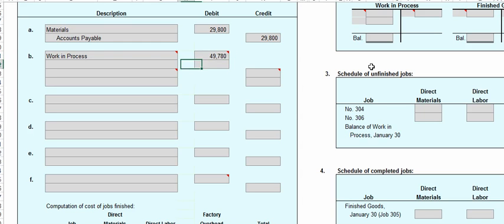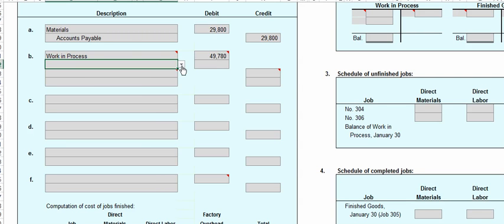was it. Okay, now we're going to debit factory overhead for indirect materials and indirect labor, which would be materials and labor used in the factory but not used on specific jobs. So the materials and labor could be cleaning supplies and janitorial services, for instance.